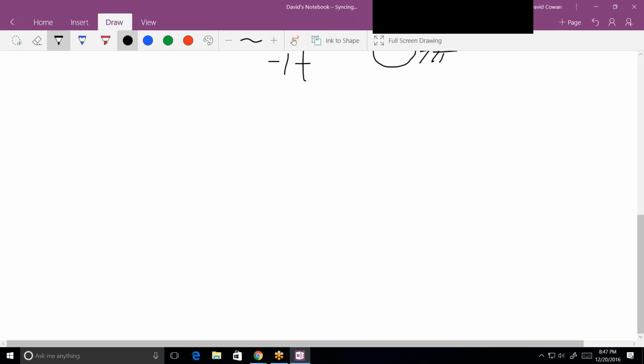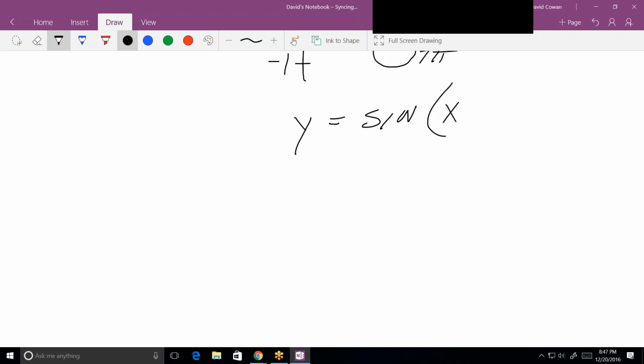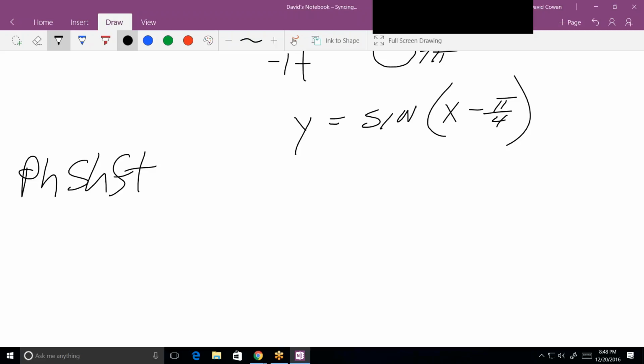If I give you a function and I say y equals sine of x minus pi over 4, B is 1, so it doesn't matter if it's inside or outside. The phase shift is what? Pi over 4.